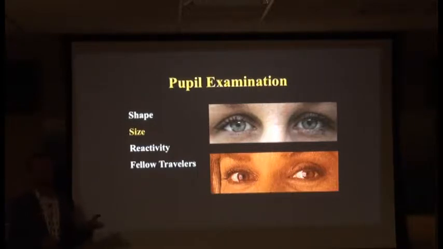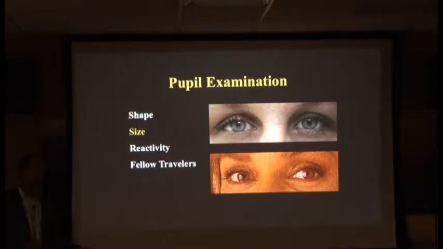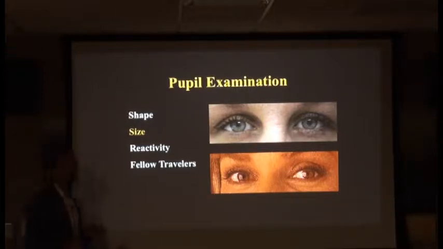Because if there's a difference in size of the pupils, anisocoria, that could be the underlying sign of some potentially bad stuff. And we'll talk about those things when we talk about anisocoria. So I don't care if you say they're 3 and I say they're 5, even that. But I do care if you say they're 3 and I say 3 and 3.5, because a little bit of anisocoria may be important. And I'll try to demonstrate that when we get there.